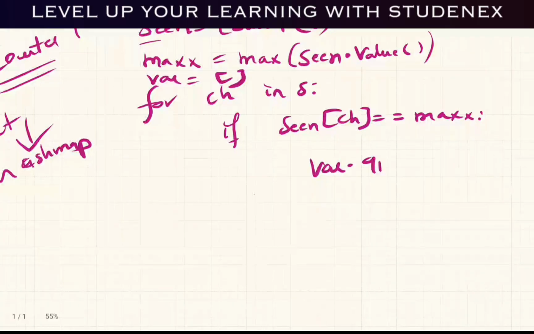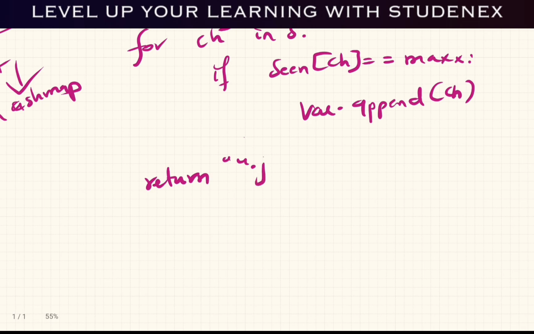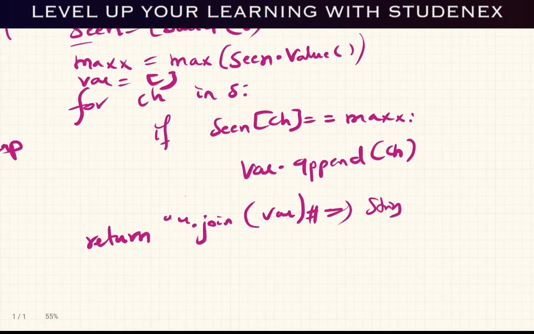Var dot append character, and at the end I'll just return that particular array to string. This will obviously become a string, right? So that's where we will be getting our string.